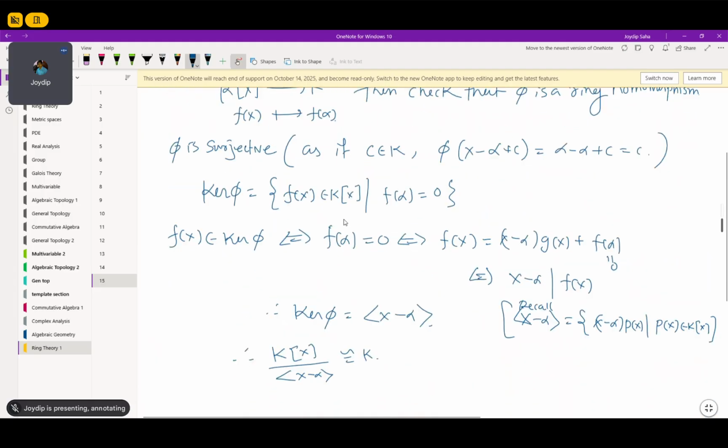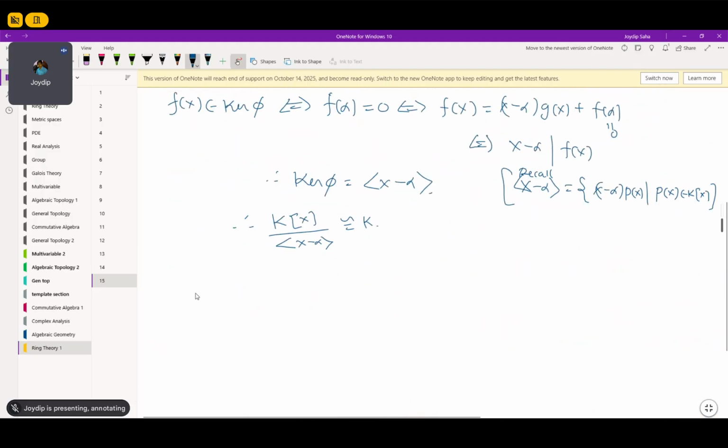So you see that this is isomorphic to k. So it is a vector space of dimension 1.